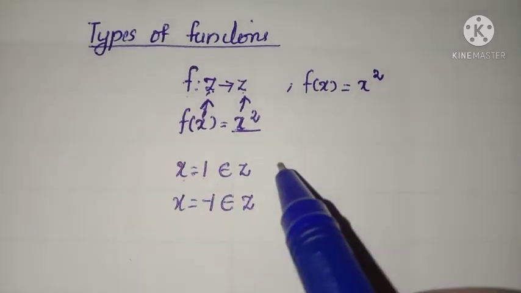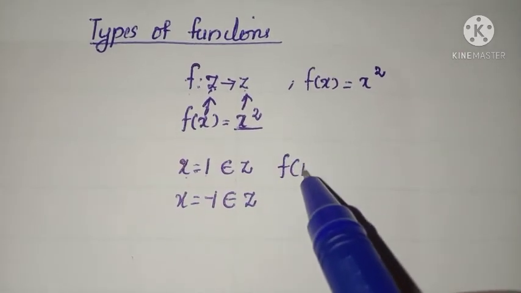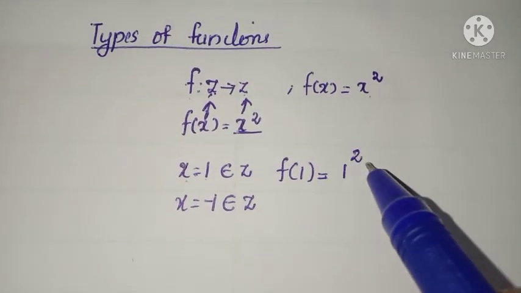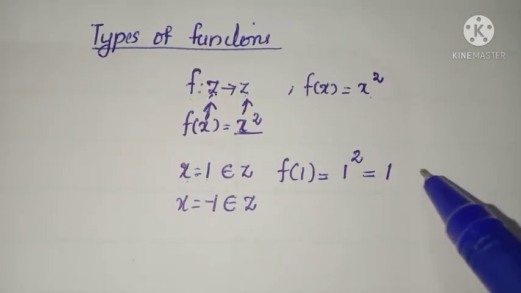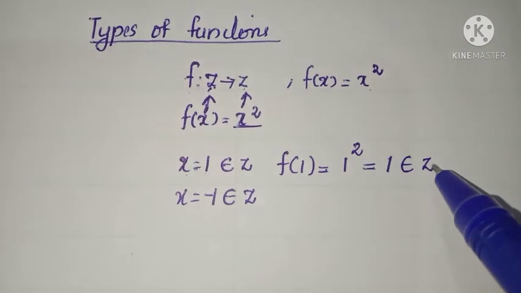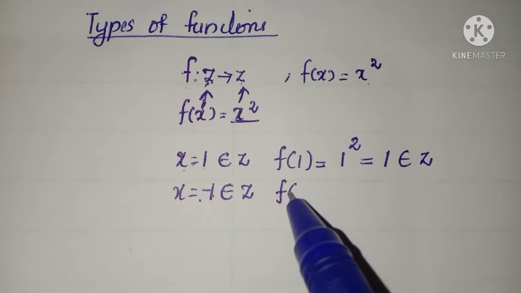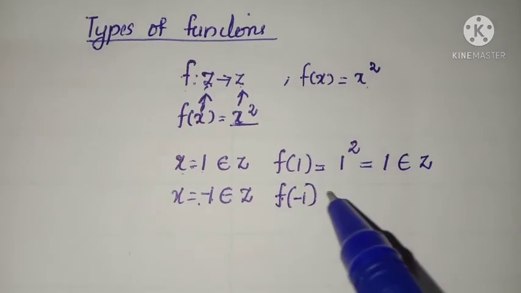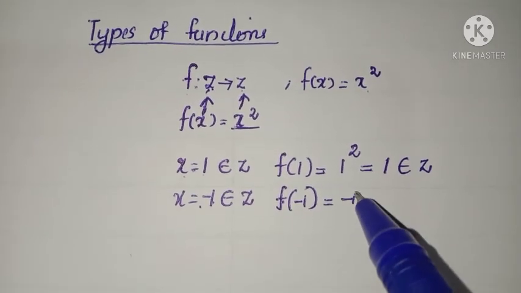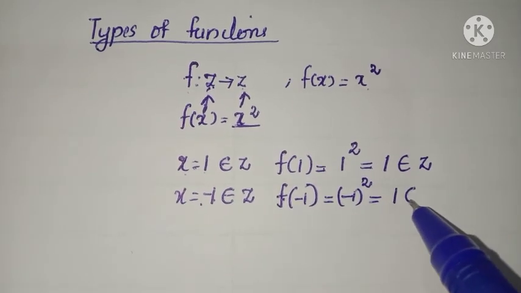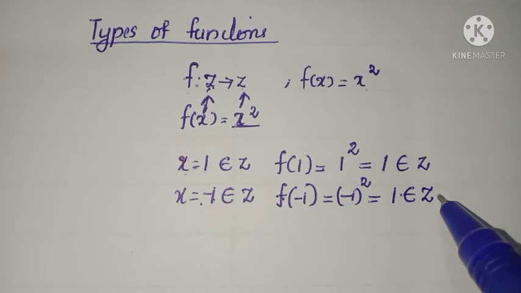If x equal to 1, then what is f of 1? F of 1 equal to 1 square, which equals 1. 1 is an integer. If x equal to minus 1, then what is f of minus 1? F of minus 1 is equal to minus 1 whole square. It's again 1. 1 is an integer.